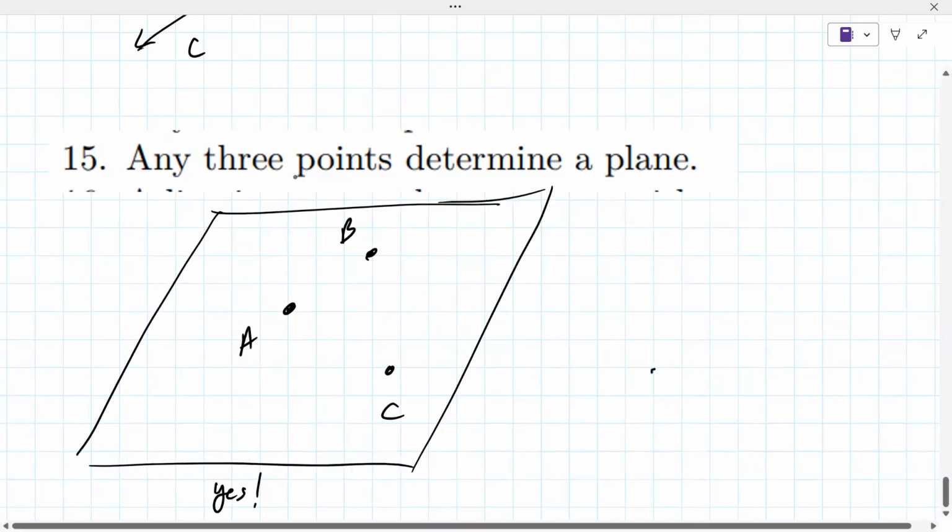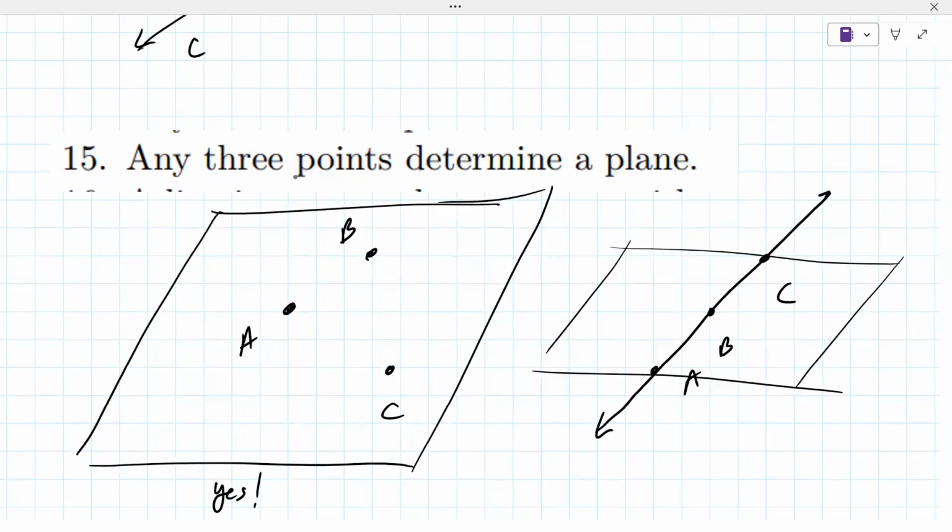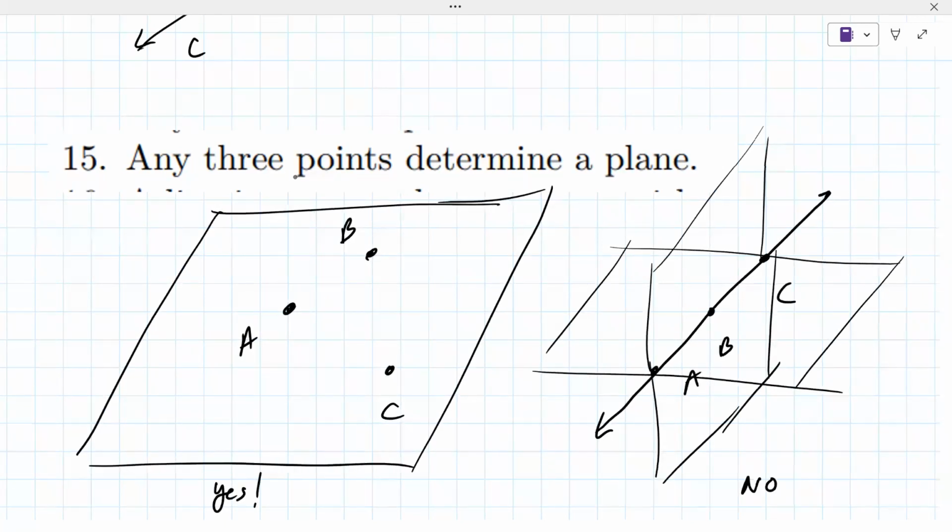Here are 3 points that are collinear. This does not work, because it could be this plane, it could be the plane that's going this direction, it could be other ones. So this is sometimes true.